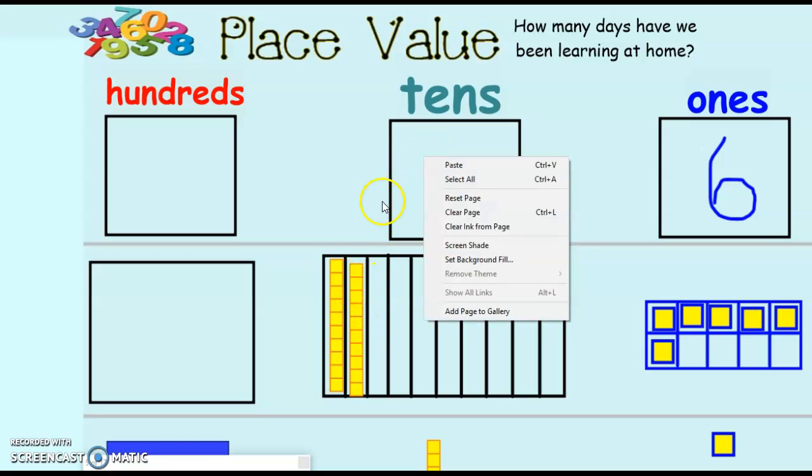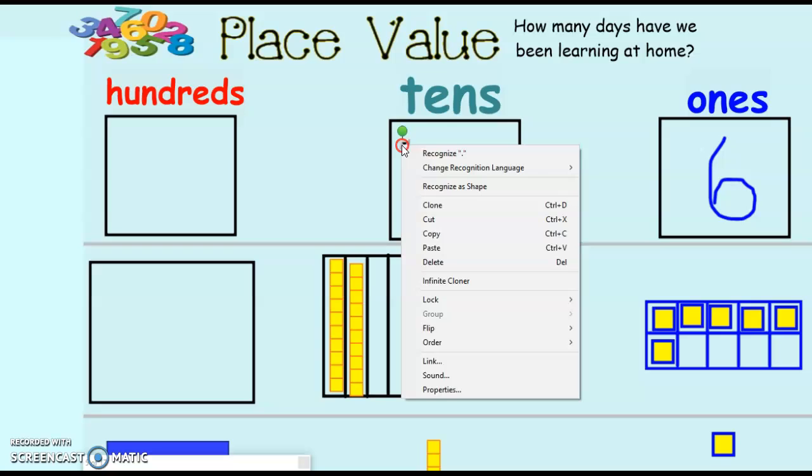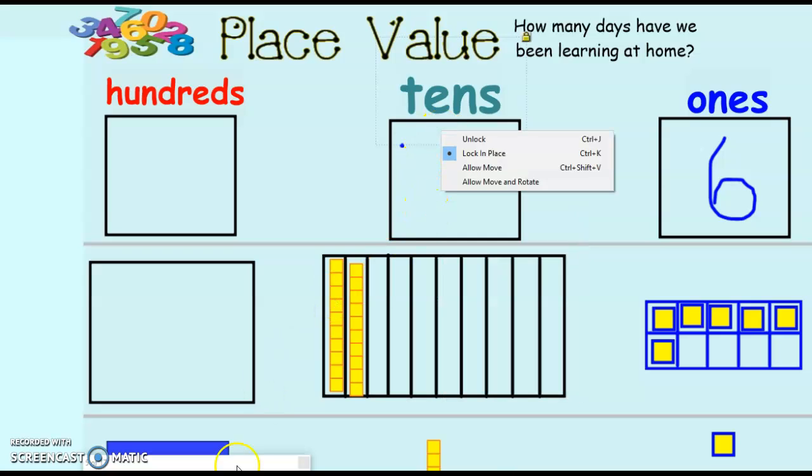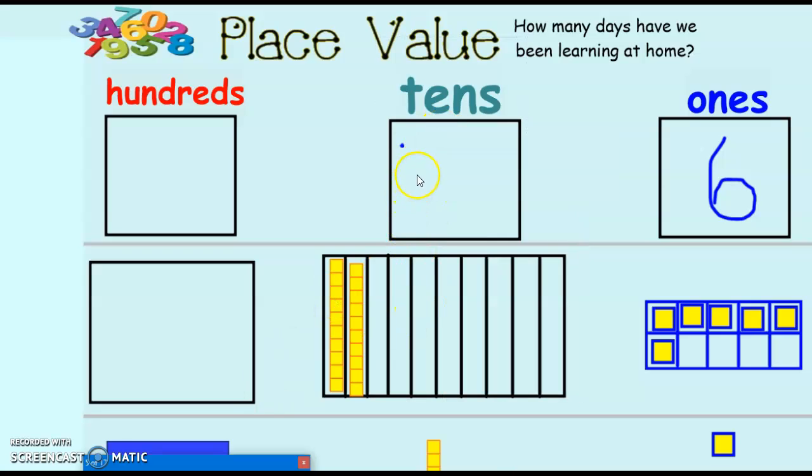So we need to write a 2. So if we take our 2 and our 6 and put them together, what big number does that equal? 26. So if I ask you, how many days have we been learning at home? Your answer would be 26 days.